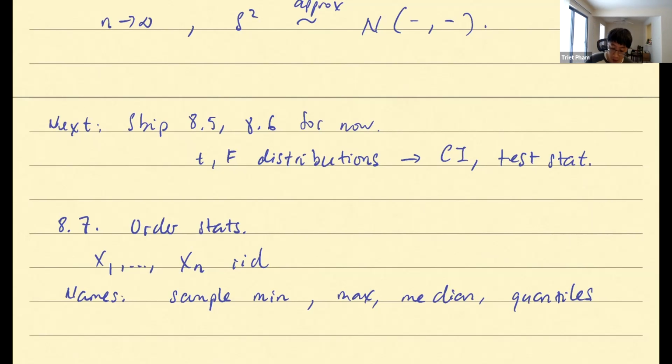How so? Well, the idea is that these are unordered, unranked numbers. They just come as they come: the first number, the second number, the last number.